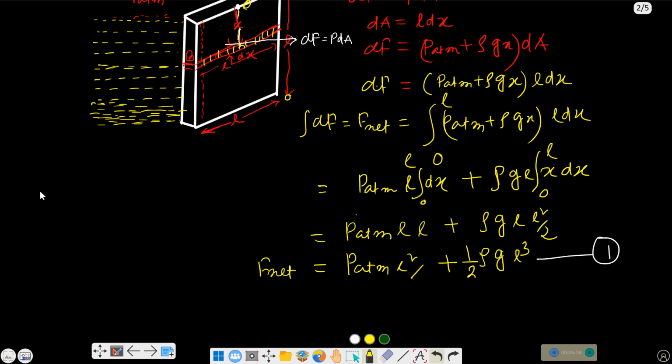So let me find out d tau. It is x cross dF. Now both are at 90 degrees, so it will be x dF.